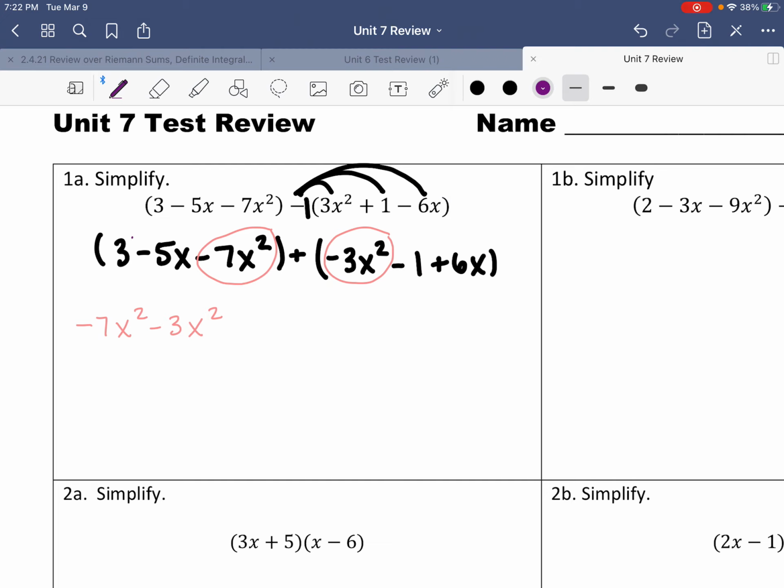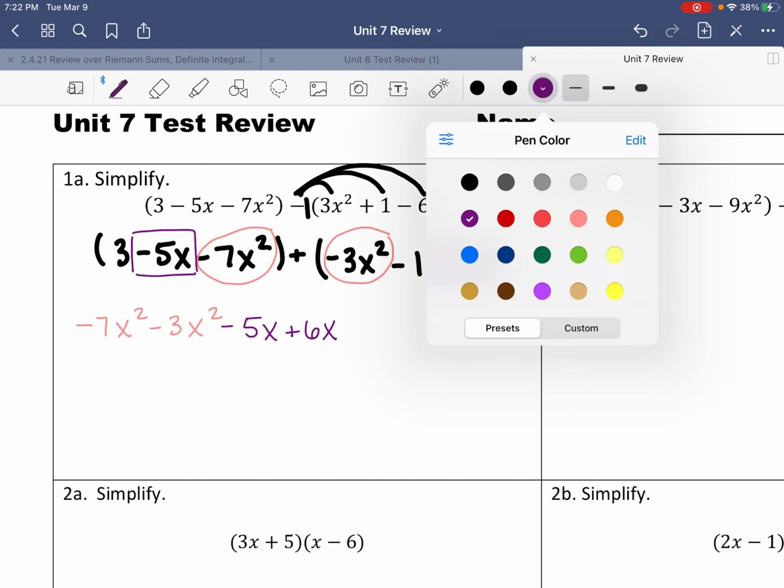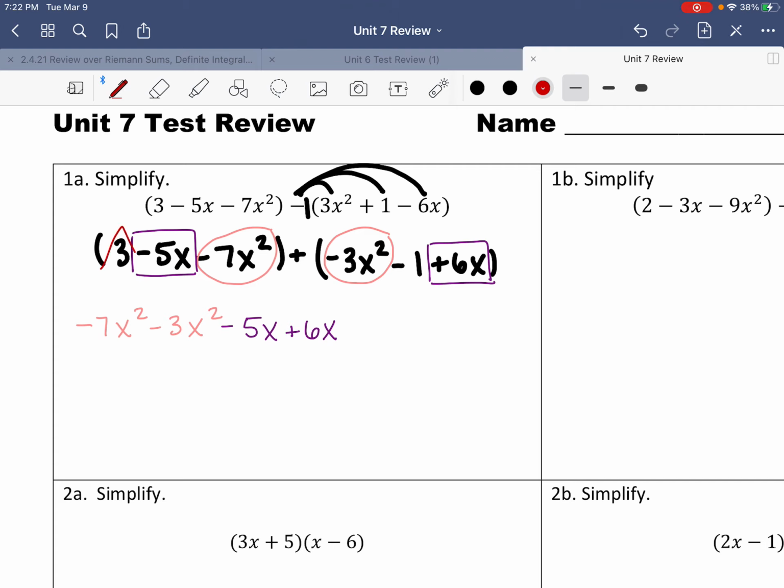Then next up I have the x's, so -5x and +6x. I'm going to write those together. And then last I have my constant, so that's a 3 and then this -1. So +3 minus 1.